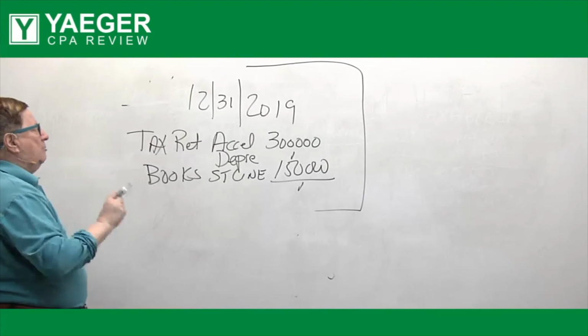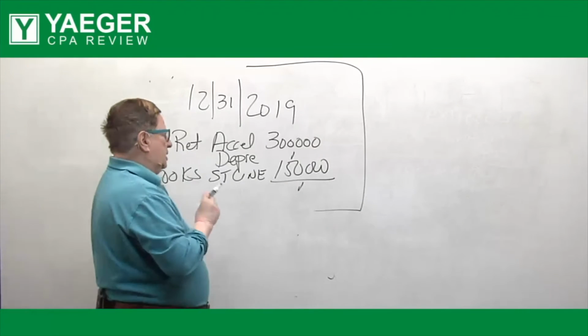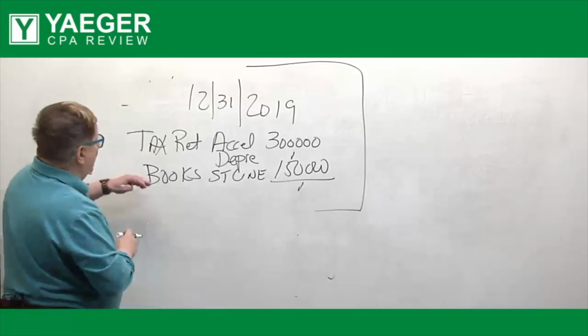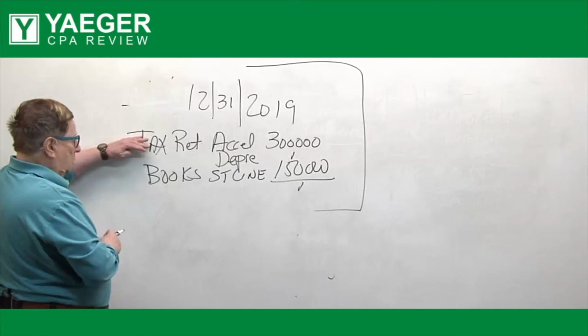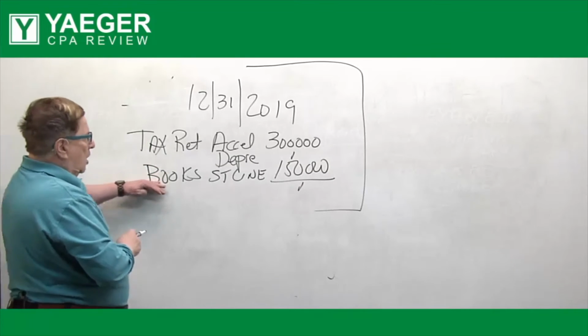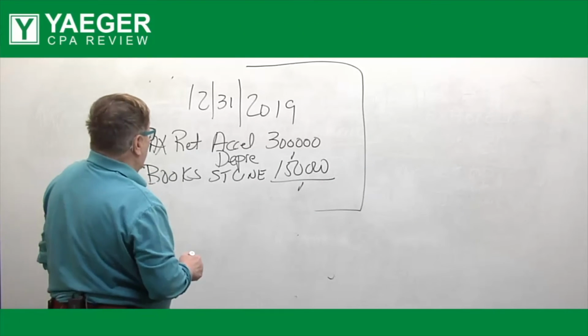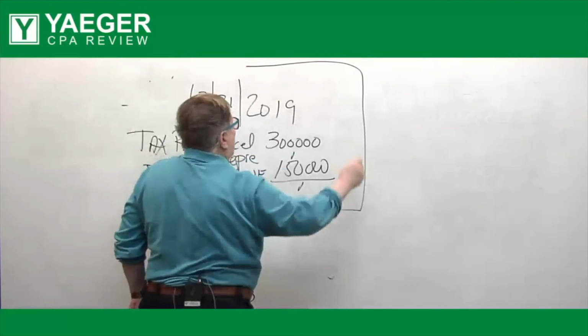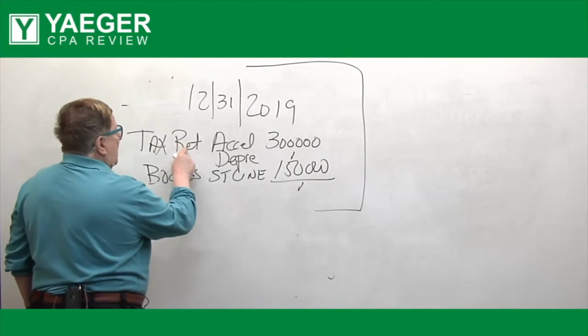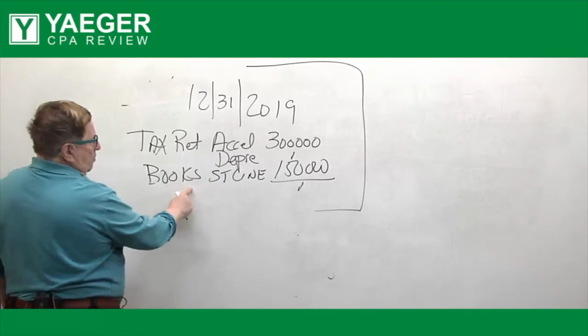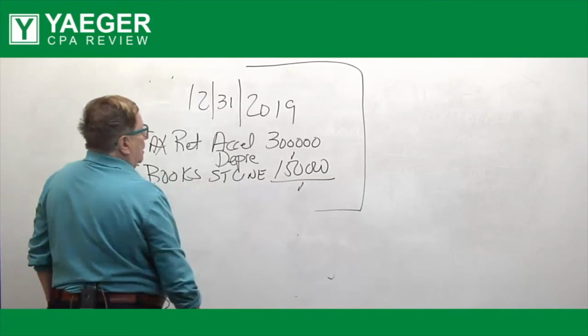Now, the way you do this for accounting for income taxes is this. You have to determine what the timing difference is. Well, in this case, if we're using accelerated depreciation on the tax return and straight line on the books, what's going to happen? At the end of 12/31/19, our taxable income will be lower than our book income by $150,000.